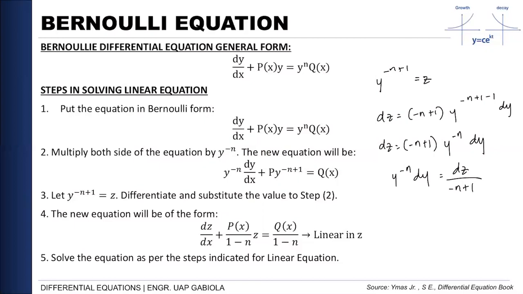To better understand that, we need to apply it directly to an example so that we can follow the steps prescribed here. Okay? So let's start off with the first example.